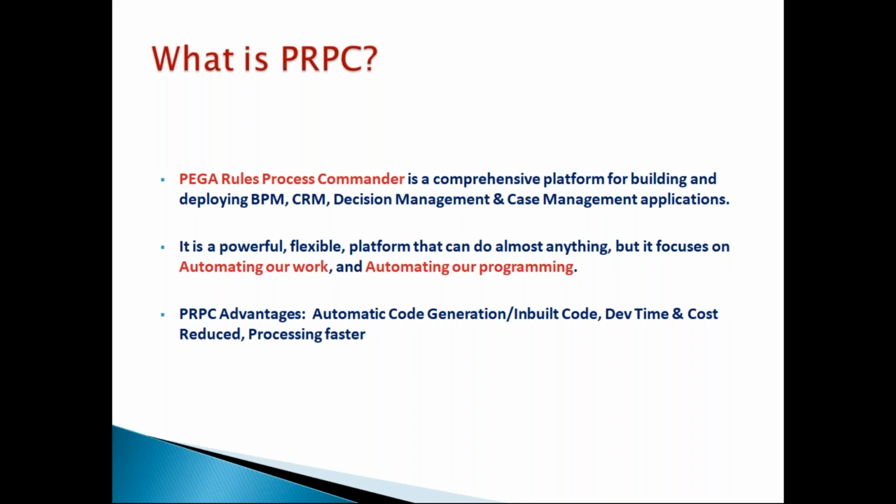Actually, for Pega, any web application you are creating, in the background the source code will be in Java format only. Okay, but we won't update that. Automatically it will be generated in the background. Some scripts will be automatically created in the background. So it will generate the programming in the background.